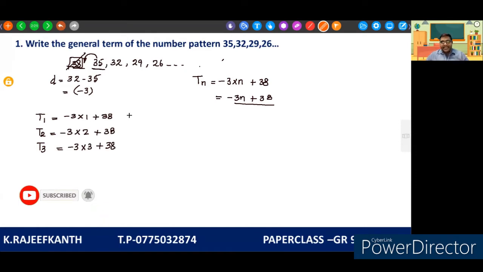Then you have to add 38. If you want to find the second term, you have to multiply the difference by 2. Then you have to add 38. So if we want to find the Tn, the nth term, we have to multiply the difference by n. Then we should add 38. Then the answer is -3n plus 38.